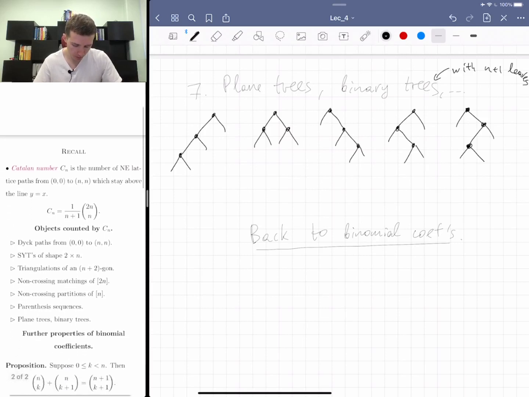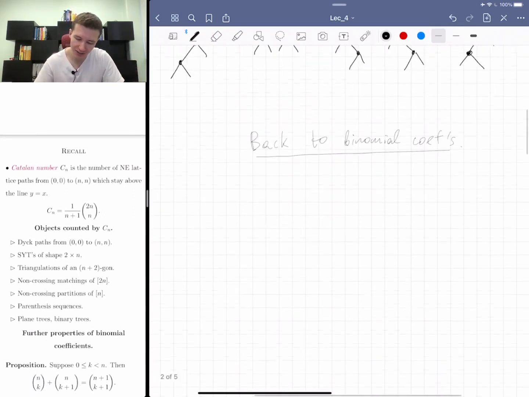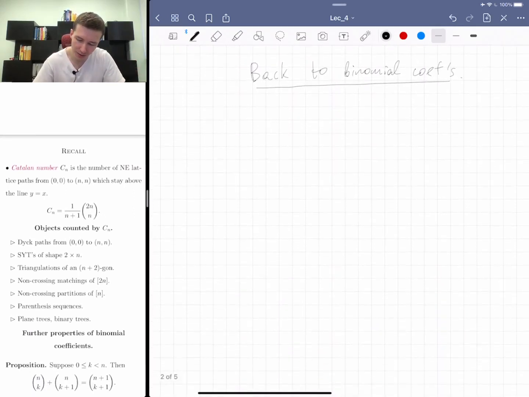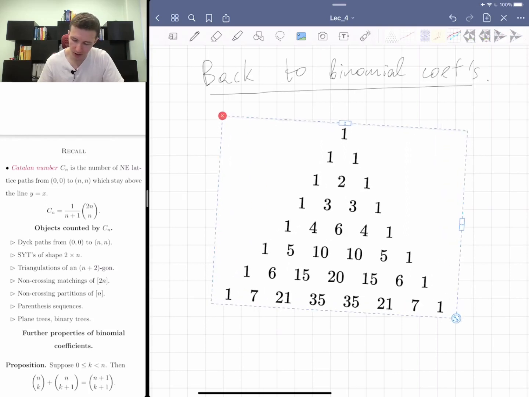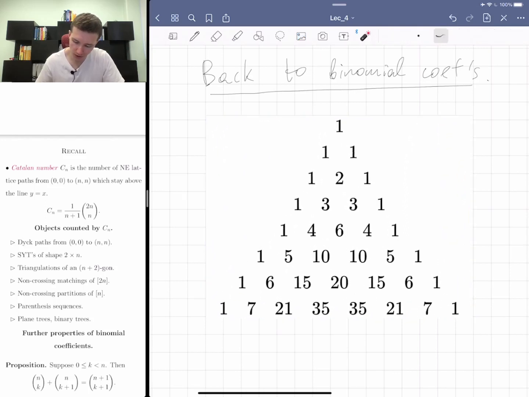The main property, which was mentioned a few times in the previous lectures, is the famous property of the Pascal triangle, which is that whenever you see a number, each number is equal to the sum of the two numbers above it. So 35 is equal to 20 plus 15. 15 is equal to 10 plus 5, and so on.